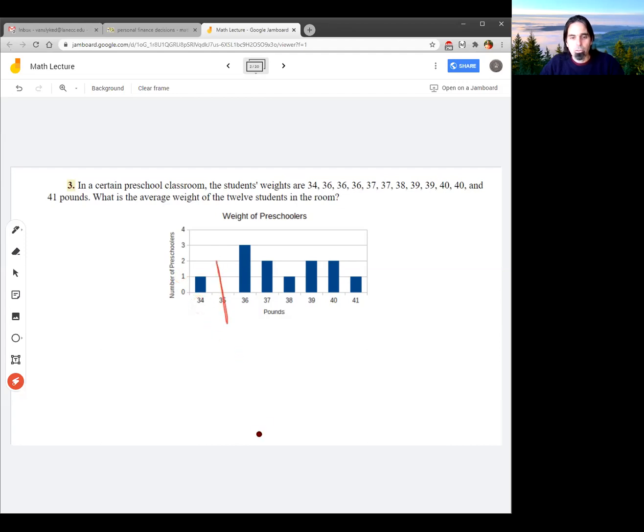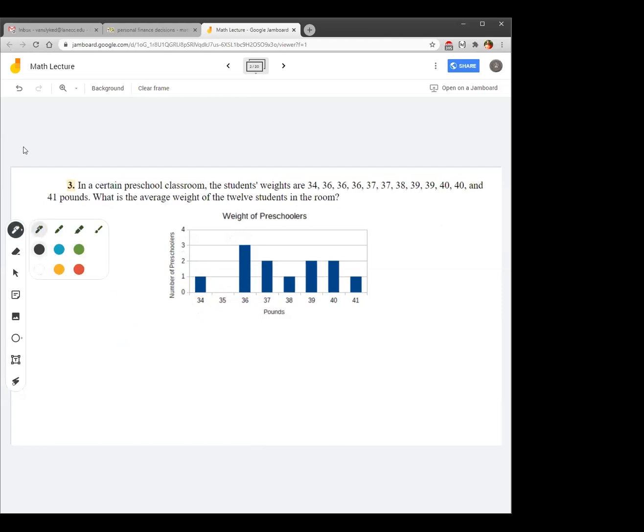No students weigh 35. There are 3 students that weigh 36 pounds. There are 2 students that weigh 37 pounds, and so on. Make sense? Yes. So we're going to find the mean.